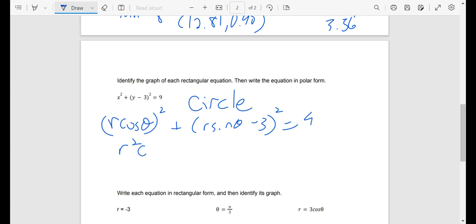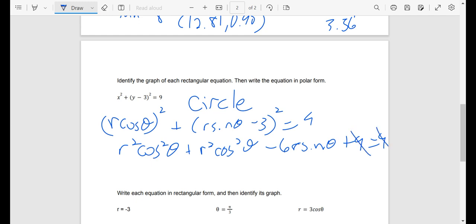And we distribute and FOIL and all that fun stuff. And you will get the following. And then the 9's cancel away.